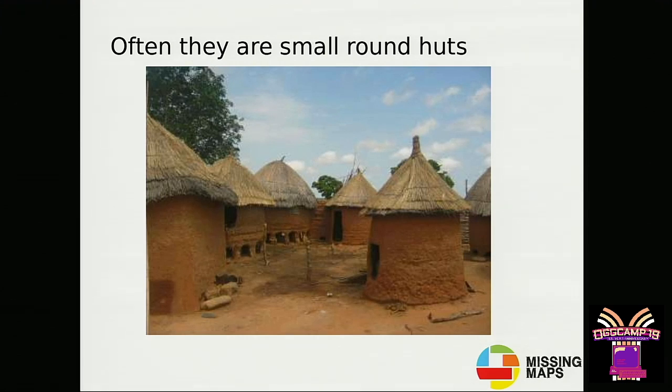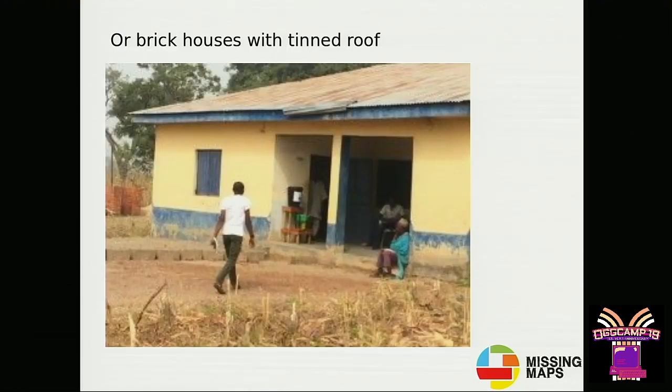And there'll be a family of 2 or 3 people that live in each one of those huts. There's some bigger buildings, sort of more conventional things. This is probably a school or a hall or something like that.